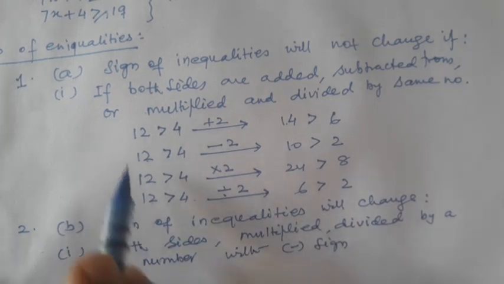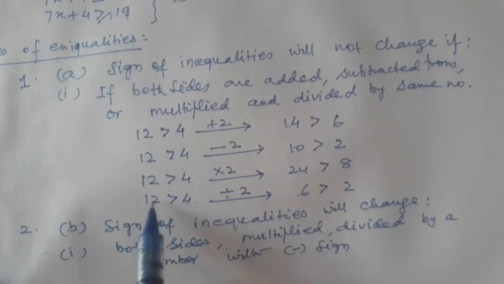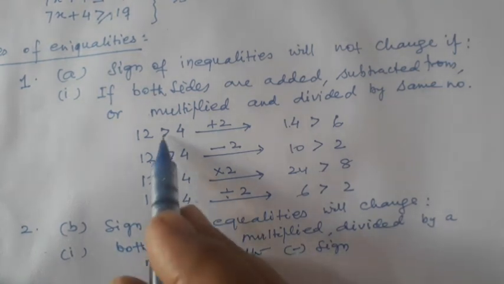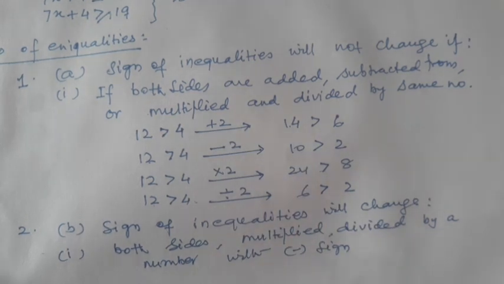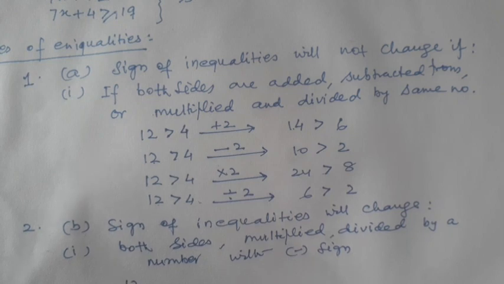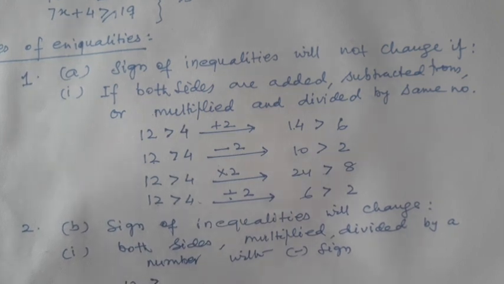If both sides are multiplied or divided by a negative number, then the sign of inequalities will change. Like for example, 12 greater than 4.